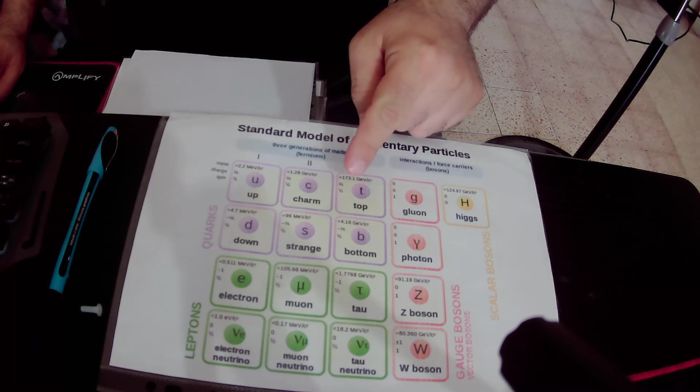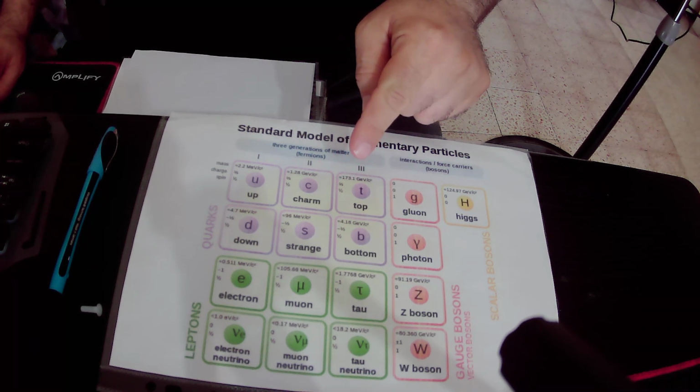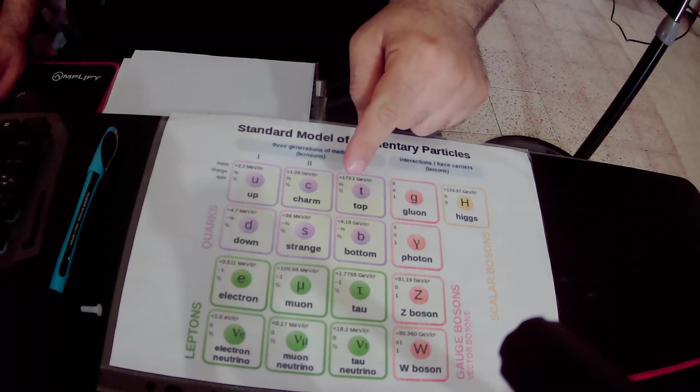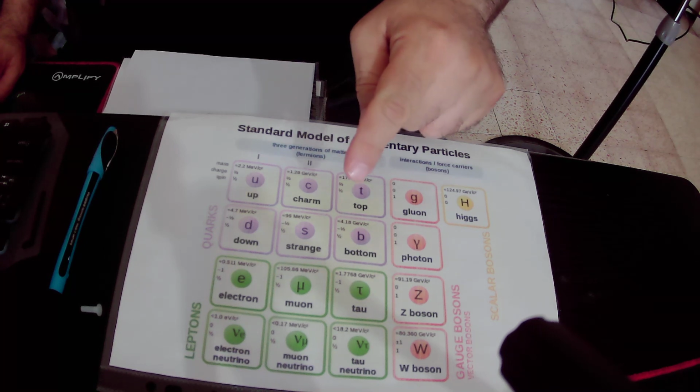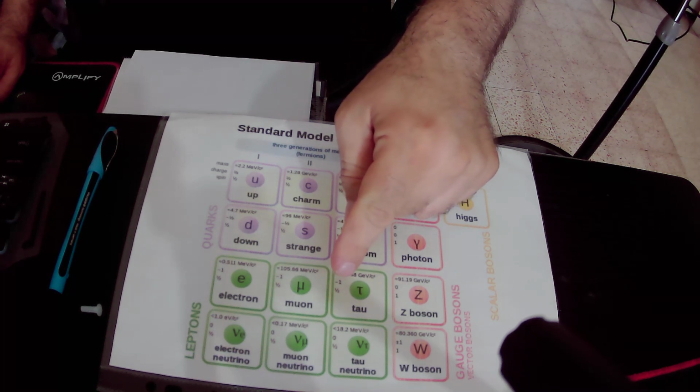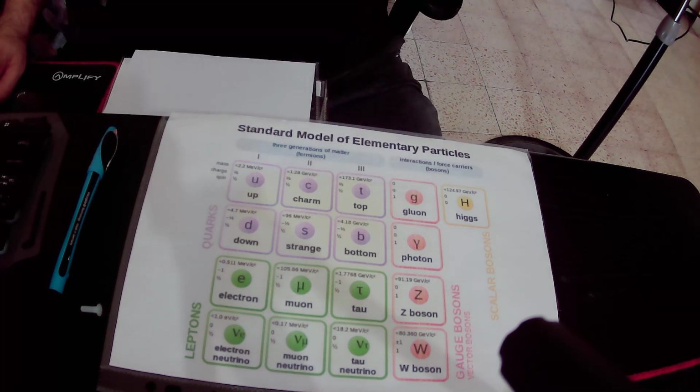We have 6 quarks in the purple color and 6 leptons in the green color. So we have 12 elementary matter particles that are called fermions.